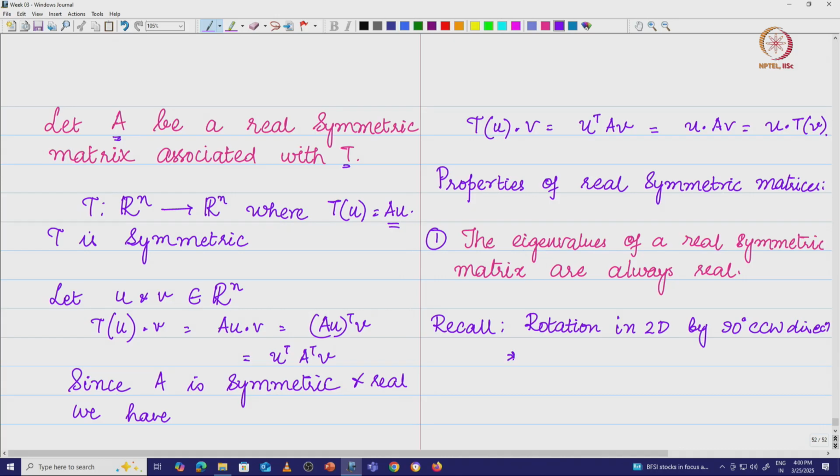The matrix was A, which was given by 0, 1, minus 1, 0, and for this we figured out that the characteristic polynomial, or the characteristic equation, is lambda squared plus 1 is equal to 0, which implies lambda is equal to plus or minus i.